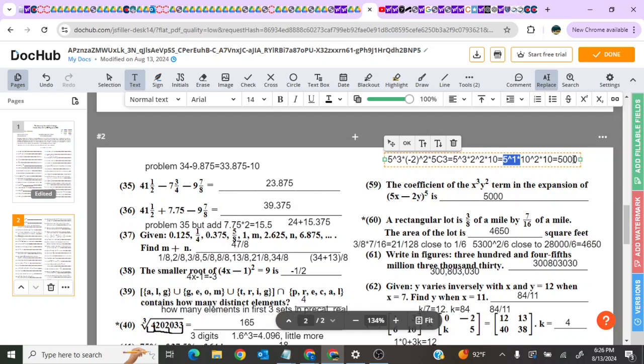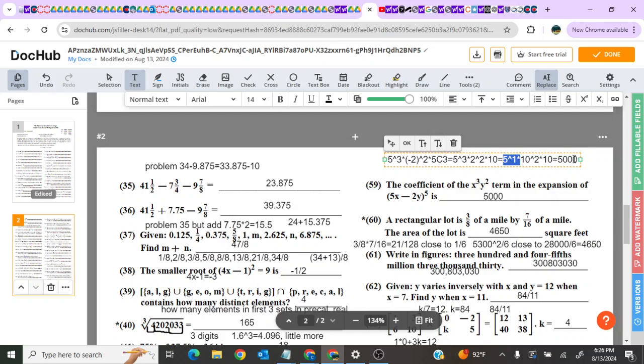60, a rectangular lot is 3/8 of a mile by 7/16 of a mile. The area of your lot is what? Well, 3/8 times 7/16, we're going to figure out what proportion of a square mile it is. Multiply them, you get 21 over 128. That's pretty close to 1/6. So you can square the ratio to feet. There are 5,280 feet in a mile.